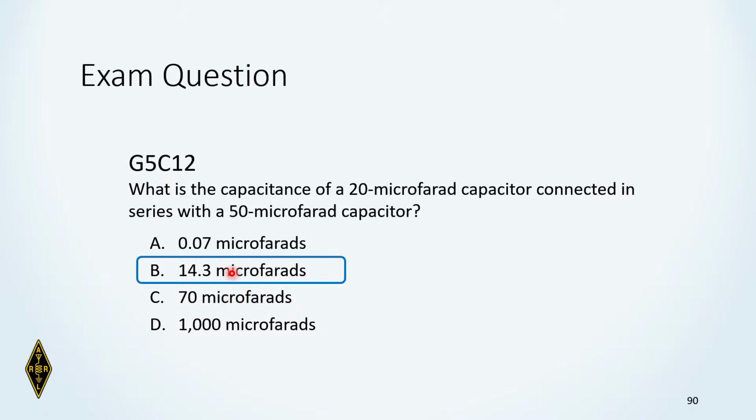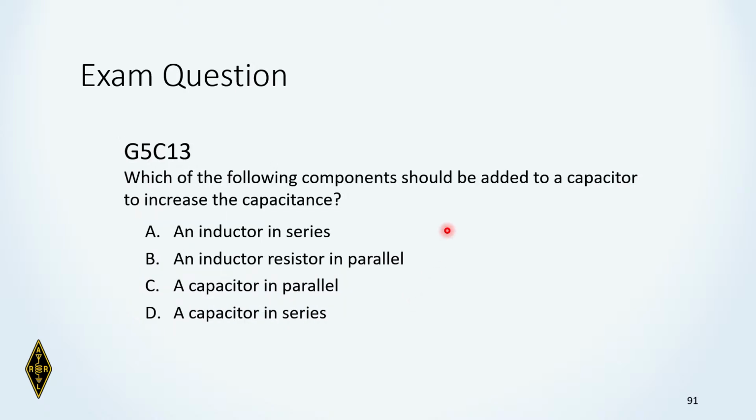It's got to be less than 20 because the capacitors are in series. And this, of course, is the radically small number. Yeah, remember, capacitors in series decrease the overall value. Yep, correct. And that's where you have to keep the resistor/inductor and the capacitor concept separate. Which of the following components should be added to a capacitor to increase the capacitance?